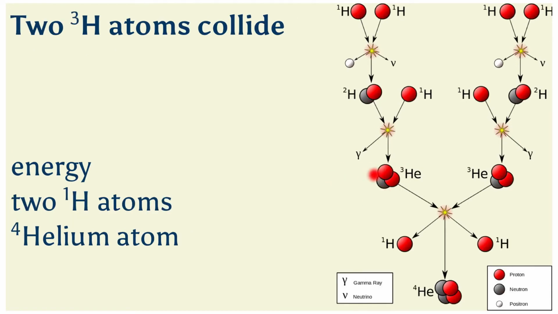If we have two of these He3s that collide, and I've been focusing on just one half, as with anything in chemistry this is just one simple atomic collision, but you have lots of chemical reactions going on in any given space. So if a couple of these He3s collide, you end up with an He4.